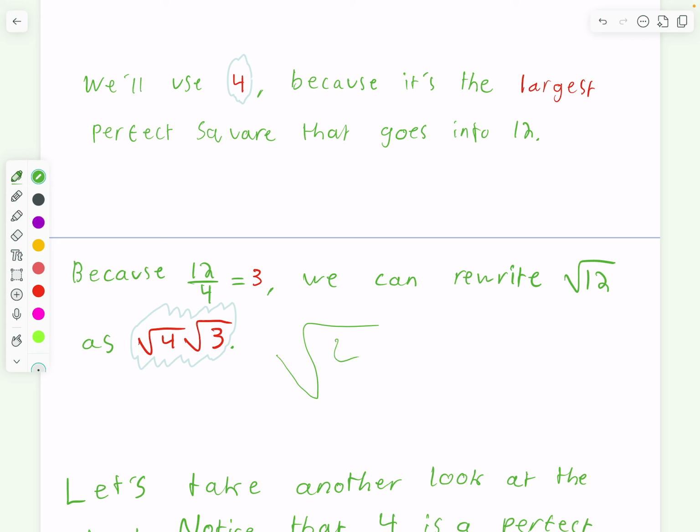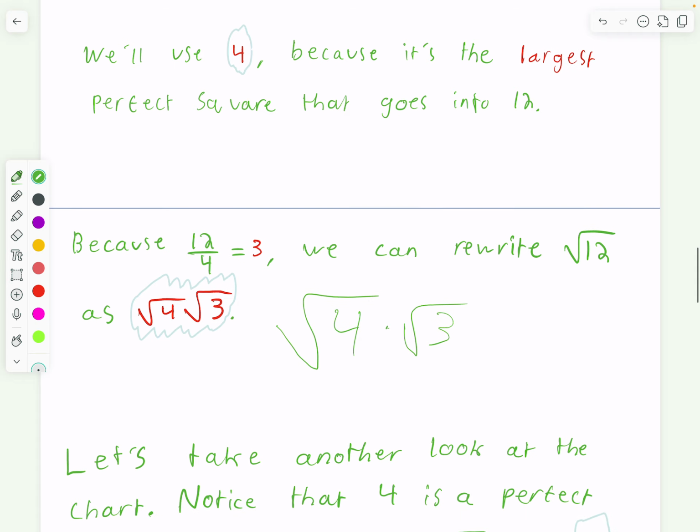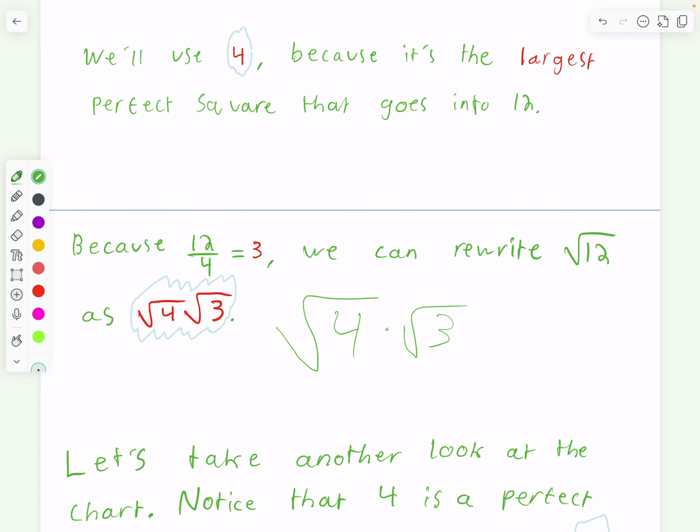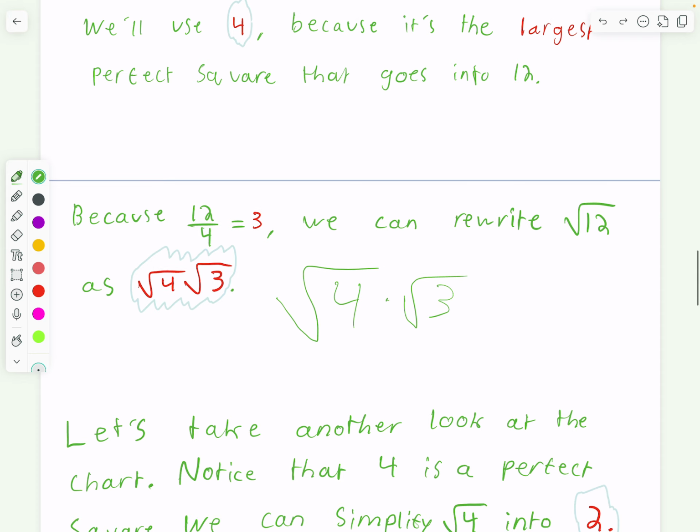So it's rad 4 times rad 3. Just imagine there's a multiplication symbol there. I know it doesn't show when you write it out, but that's what you really should be imagining in your head. Because eventually we're going to simplify this part down more, and you're just going to keep imagining there's this multiplication here. So rad 12 is literally equal to this new way you're writing it out.